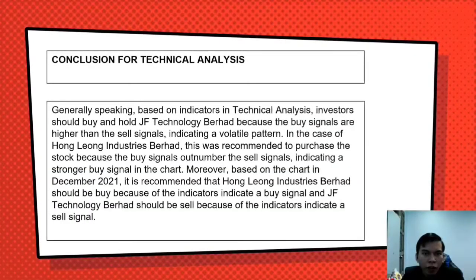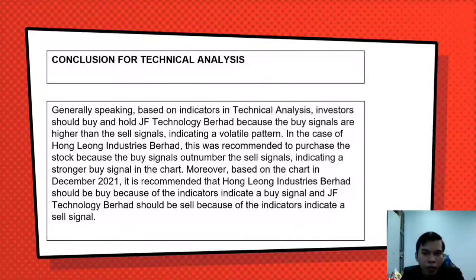Conclusion for technical analysis. Generally speaking, based on indicators in technical analysis, investors should buy and hold JF Technology Berhad because the buy signals are higher than the sell signals, indicating a volatile pattern. In the case of Hong Leong Industry Berhad, it was recommended to purchase the stock because the buy signals outnumber the sell signals, indicating a stronger buy signal in the chart.